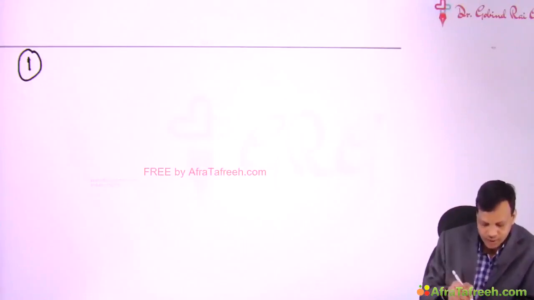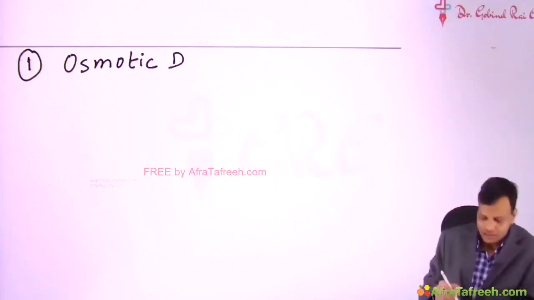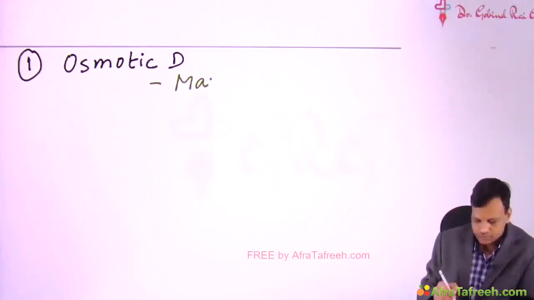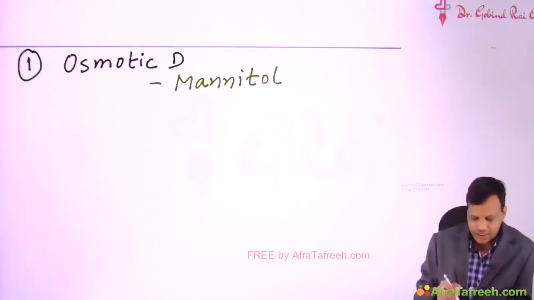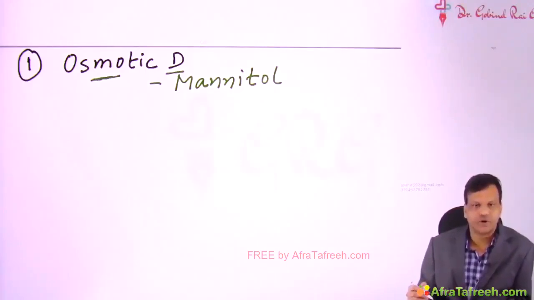This group of diuretics are called osmotic diuretics. An example of osmotic diuretic is mannitol. As the name tells, they act as a diuretic because of osmosis. Osmosis means water attracting property.